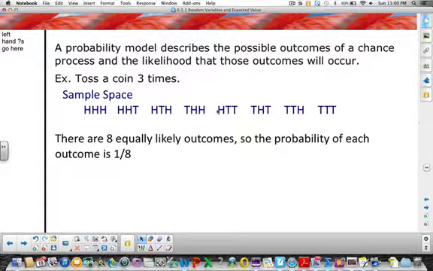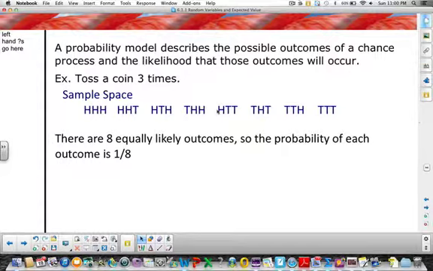So one way we could compute that is to add the probabilities. The probability that we get 1 head plus the probability of 2 heads plus the probability of 3 heads would be 3/8 plus 3/8 plus 1/8, or 7/8. That wasn't too bad because in this particular case we didn't have too many different values that x could take on. But the other way that we could do it is to use the complement rule.